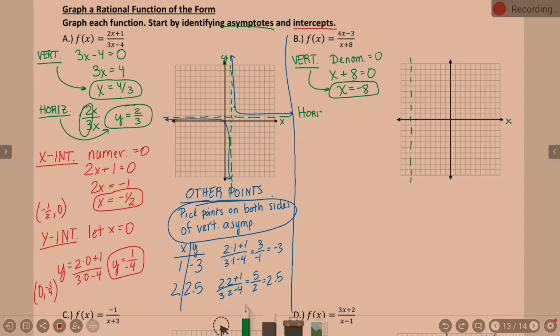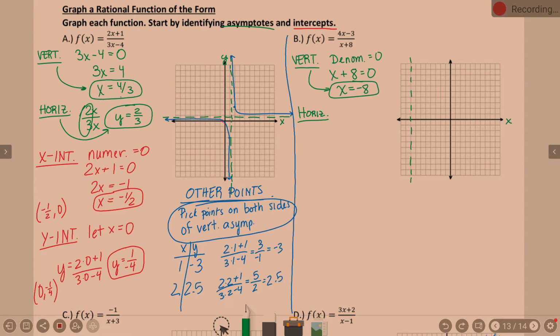What about horizontal asymptotes? What was our rule for horizontal asymptotes? The powers, the leading power from the top and bottom. Yeah, we had to compare the largest power on top and the largest power on bottom.